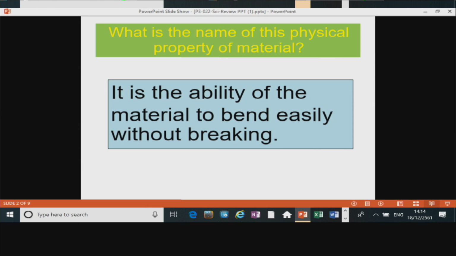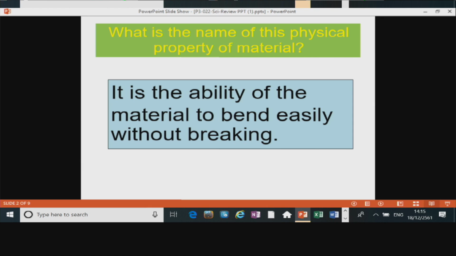Which one is that? Which physical property? Bend without breaking. Not wood. Which? Not quite rubber. We're not looking at materials, we're looking at physical properties. What bends? What do we call it when it bends but doesn't break? Flexibility.